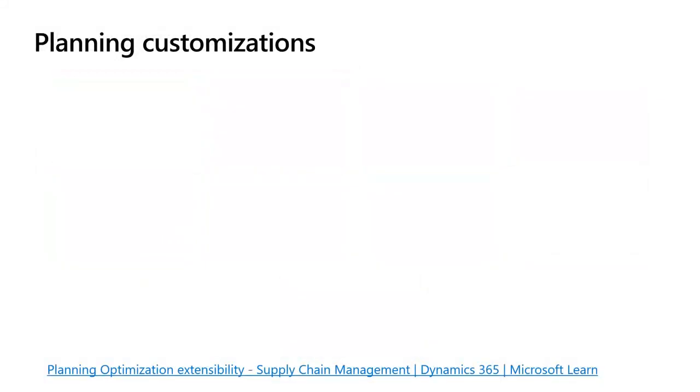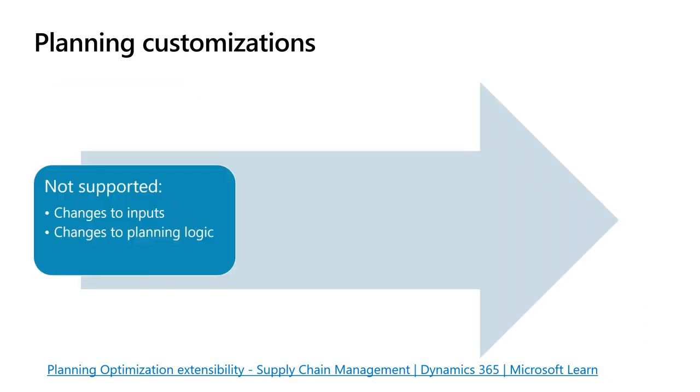In terms of customizations, which Beatriz mentioned earlier, because planning optimization is a service where we take the data out of SCM and do the planning run on the Microsoft resources and then send planned orders back to SCM, this means, due to the architecture, it's not possible to customize any input to planning optimization. For example, if there are particular sales orders that you don't want to be included in the planning run.